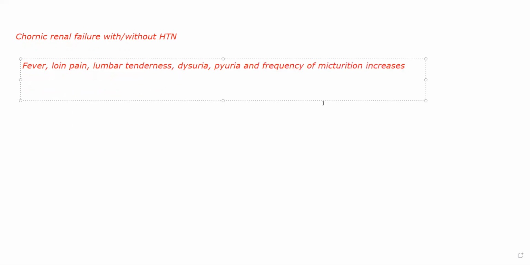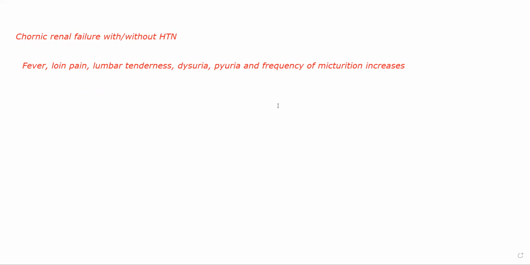This is a very classic sign of pyelonephritis. Frequency of micturition is also a sign of urinary tract infection. Whenever a patient has urinary tract infection, loin pain, fever, lumbar tenderness, and frequency of micturition generally increases. They will urinate again and again.